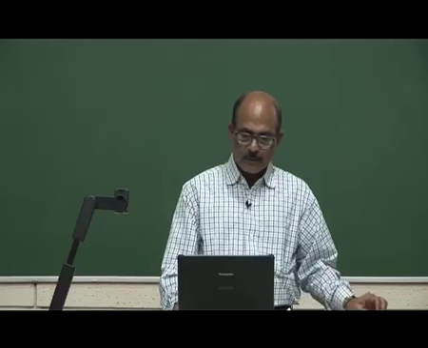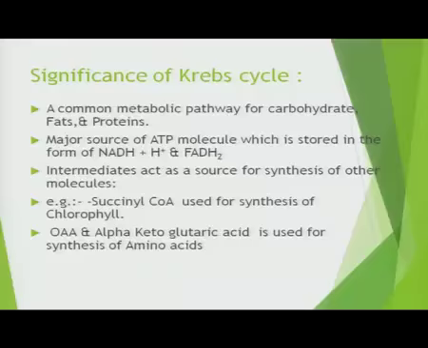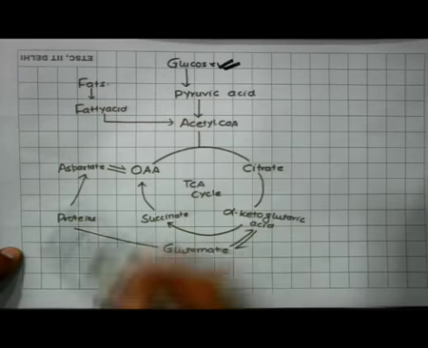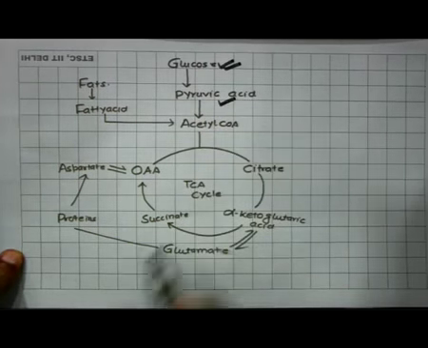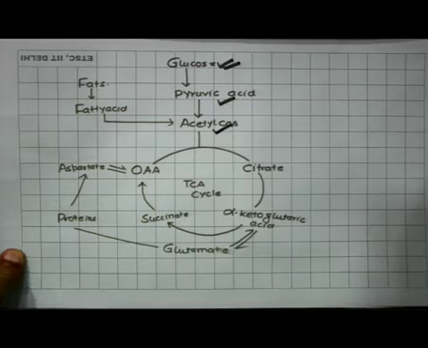This is the look. Now, what is the significance of Krebs cycle? The Krebs cycle is the common pathway of carbohydrate, protein and fat. We can summarize this in the same way. The glucose molecule, which is the substrate, is converted firstly into pyruvic acid, and then into acetyl coenzyme.